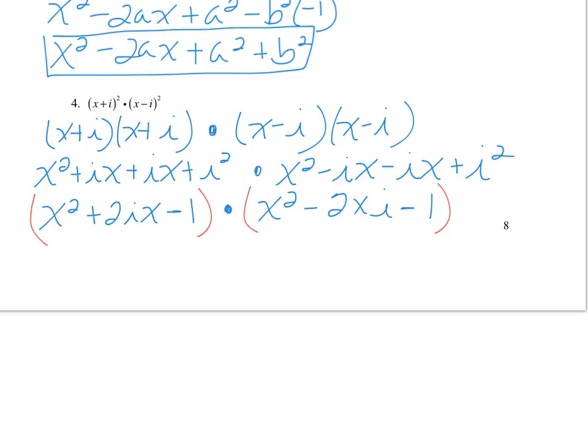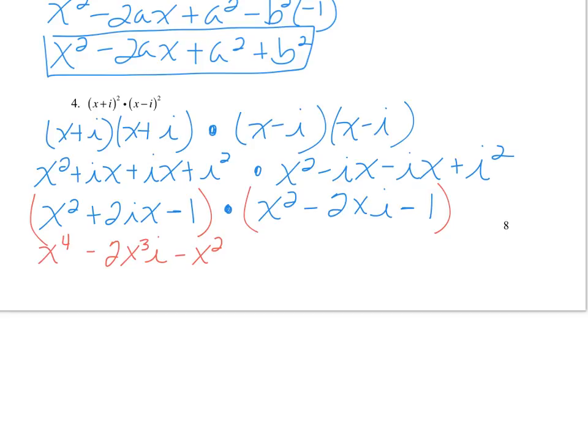Here we go. x to the 4th minus 2x cubed i. Remember, you add exponents when you multiply. Minus x squared. Then I'm going to get multiplied through by the 2ix.